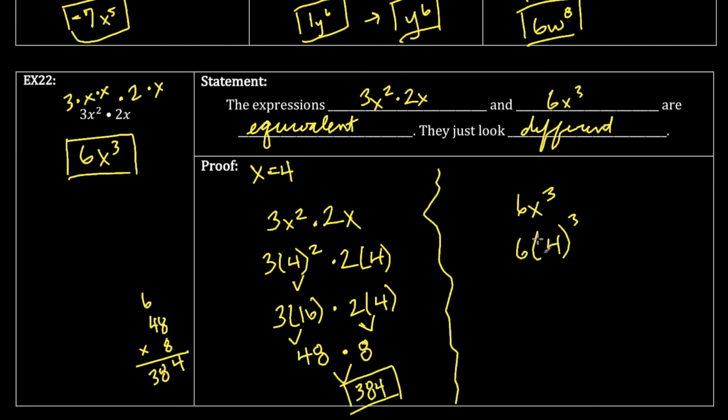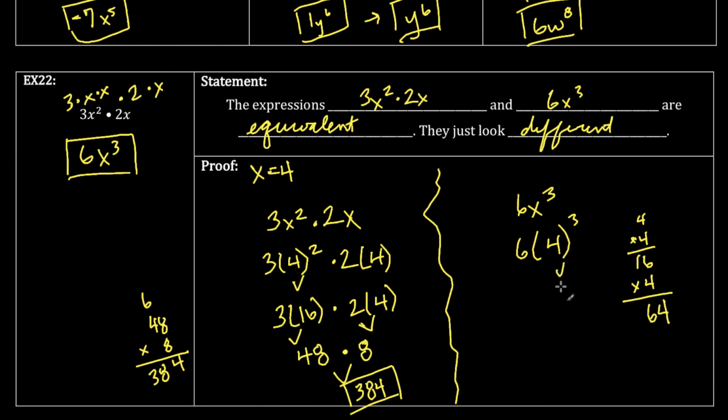All right, let's compare that to this expression over here. 4 to the third is 4 times 4 is 16 times 4. So that would be 64.